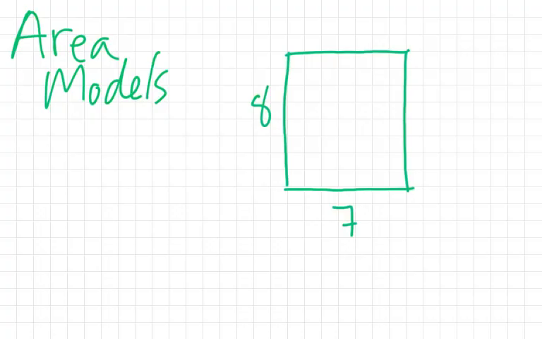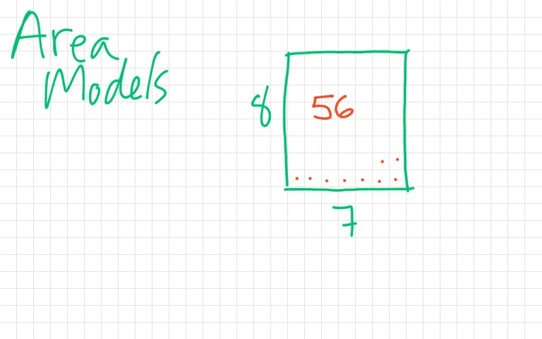Area models, on the other hand, are much easier and much faster to draw because you're really only talking about the area inside a square or a rectangle. For example, this area model here is 7 by 8, and it models the area of 56 because there are 56 squares inside this area model, and if I drew it on grid paper, I could make it exact and I could count them all up.